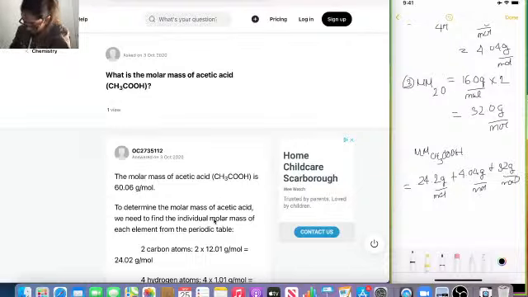If you add all this together, 24.02 plus 4.04 plus 32, you would get 60.06 grams per mole.